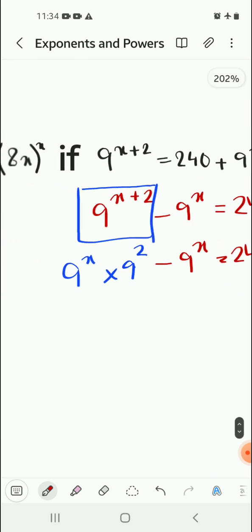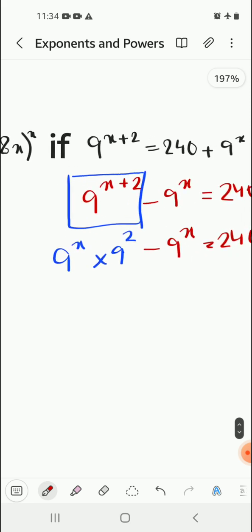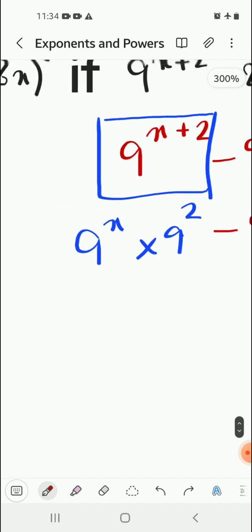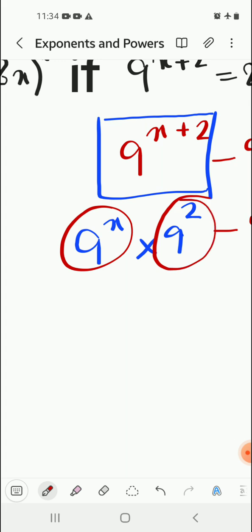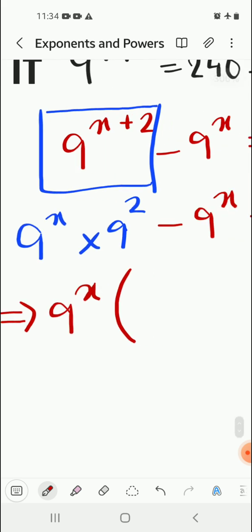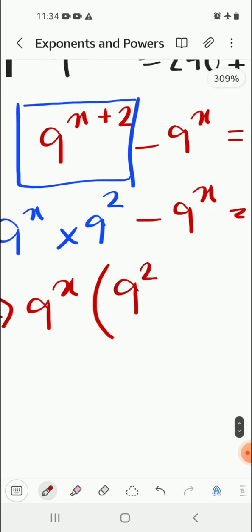Now from this expression, this is multiplied by this, so we will take a common number and write 9 to the power x multiplied by 9 square minus 1.